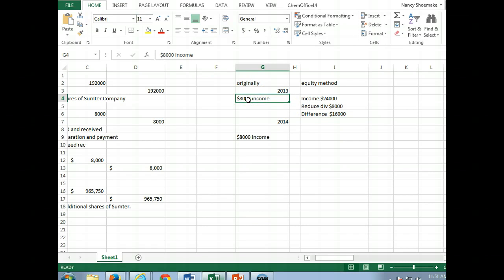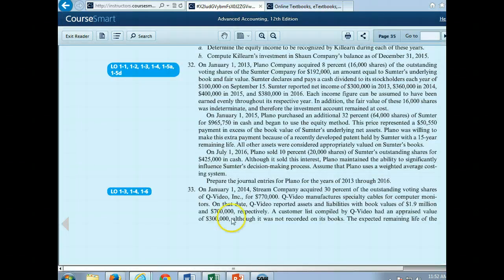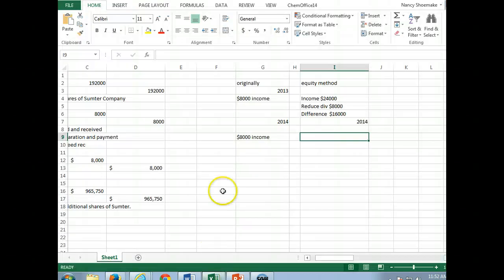Okay? Right. Now in 2014, under the equity method, we would show 8% of our income, which was 360. Yeah. So we would show 8% of that income to be 28.8. Reduce the dividends by 8.